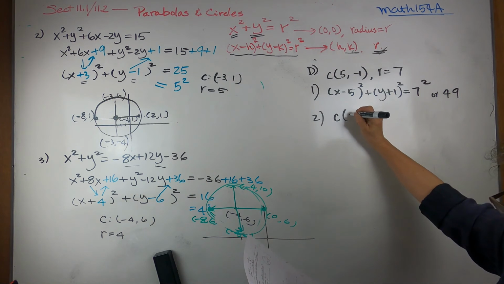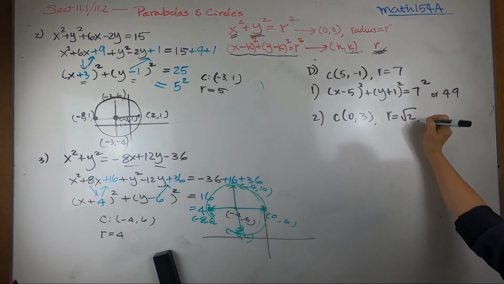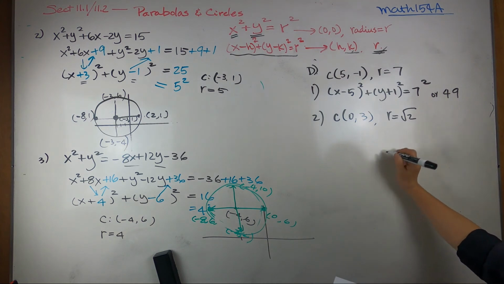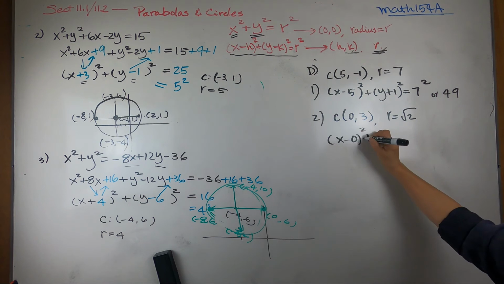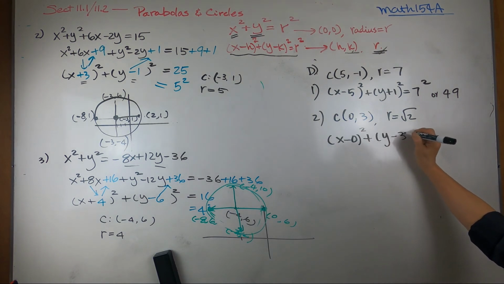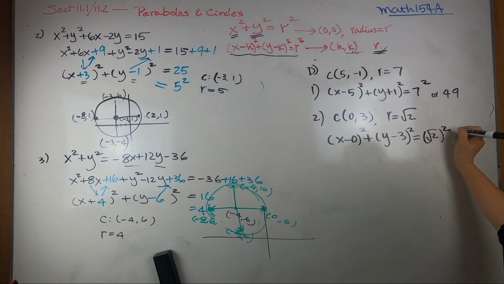If you have center 0 and 3, then your radius is the square root of 2. Square root of 2 is a number, right? 1.414, something like that. So how do you write it? x minus 0 squared plus y minus 3 squared equals what? Square root of 2 squared.